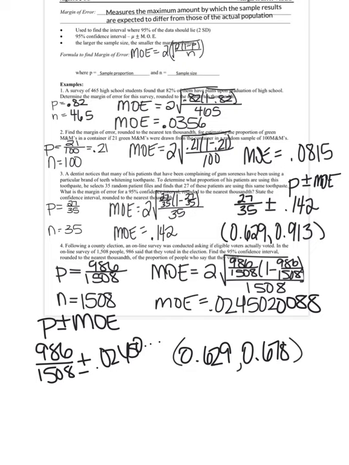The reason why it's less is because our sample size, your n value, went from only 35 to now 1,508, which again, we said that the larger the sample size, the smaller the margin of error becomes, because you have more to back up what number it is that you're getting.